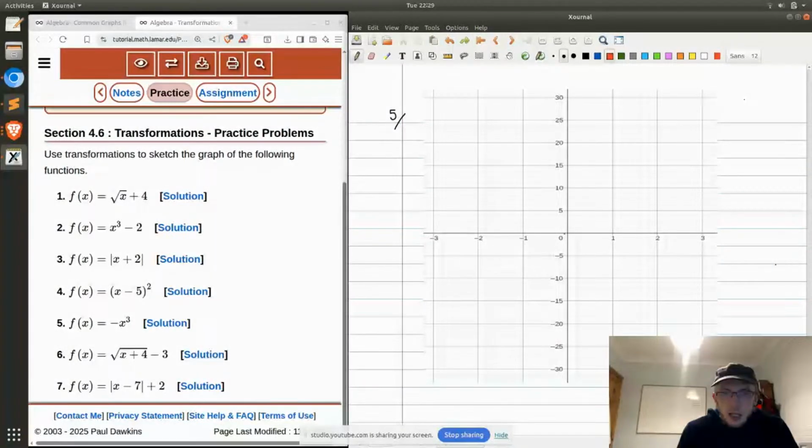So let's do it. The origin still passes through the origin. Then 1, -1, 2, -8, and 3, -27. Just there like that. -1, 1, -2, 8, 27.